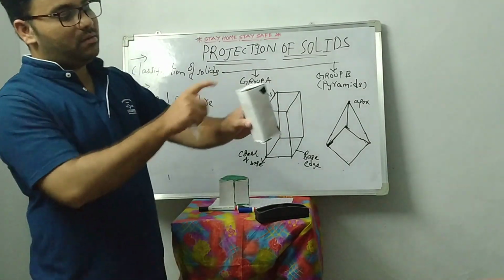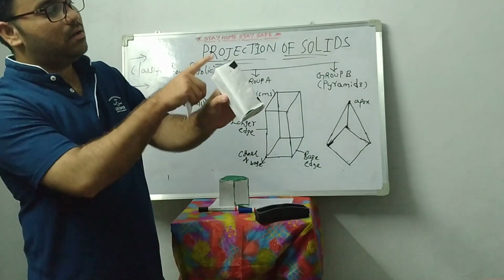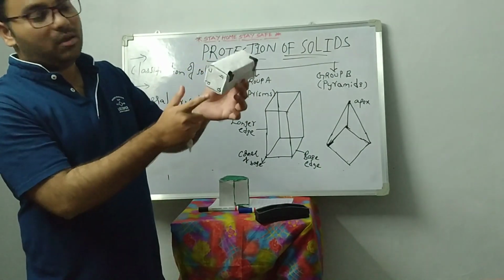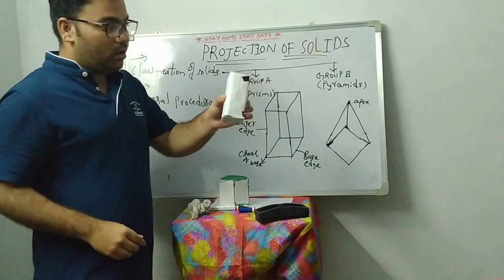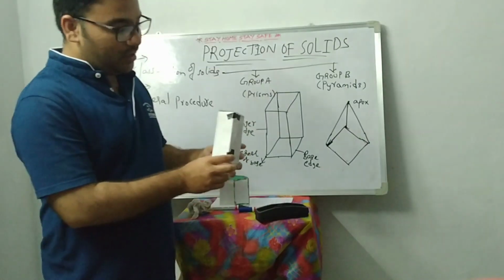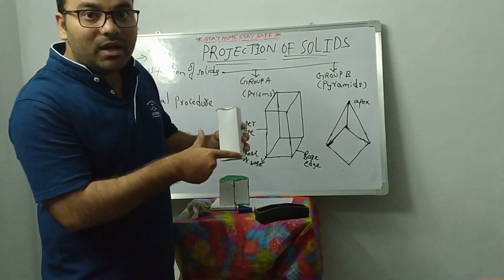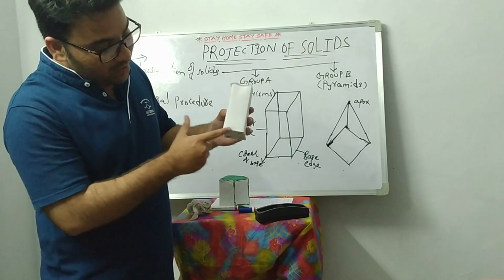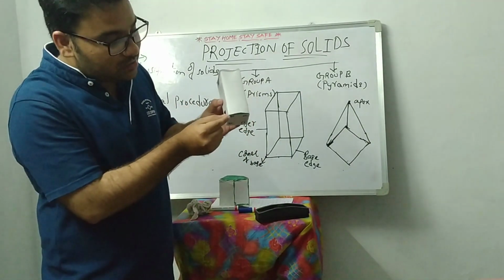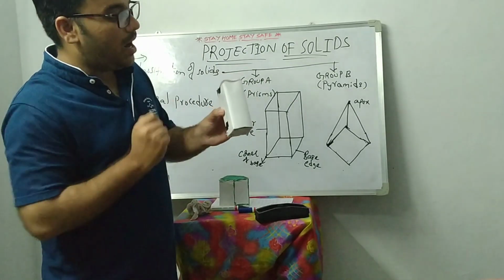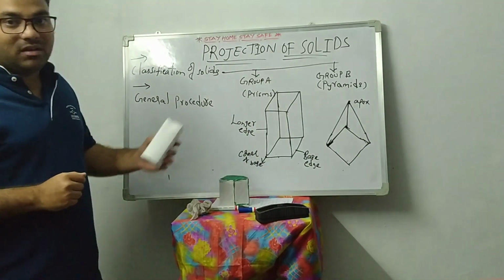It has rectangular faces, and this is the base and this is the top. The base and top are made of a square shape, so it is a square prism. Whatever this line is, it is called a longer edge, and the line with respect to the base is called the base edge, and this is the corner of the base. That's it for the prism.